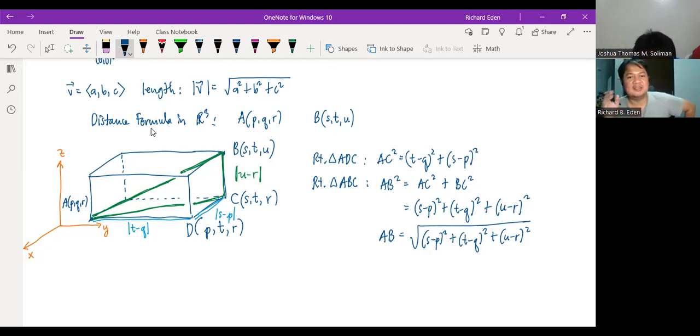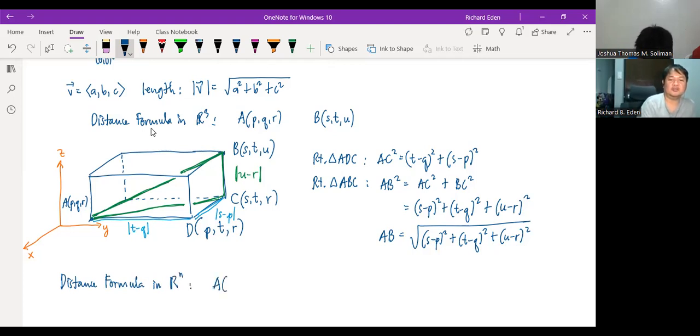It's just that this time, because there is a third coordinate, we have to consider a third term, but we're doing exactly the same thing. And so even though we cannot visualize higher dimensional spaces, we can define distances abstractly in Rn.